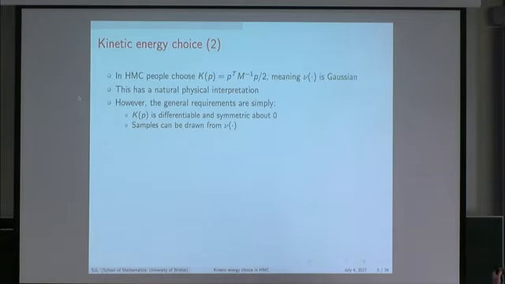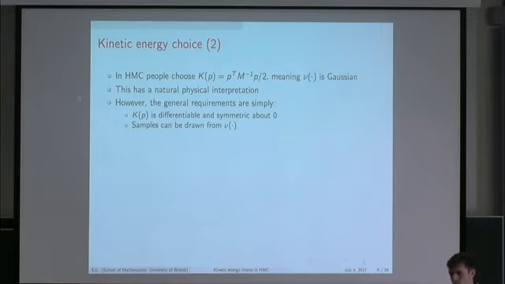Okay, so what's done at the moment? At the moment, people typically choose this quadratic form of kinetic energy, which corresponds to choosing the auxiliary variable to be Gaussian. Obviously, this is a very natural choice, both just from the fact that it's the first distribution I think of, but also it has a very natural physical interpretation. If you're thinking of a true physical system on Earth, then this is the form of kinetic energy that you're going to want to use from Newtonian physics.